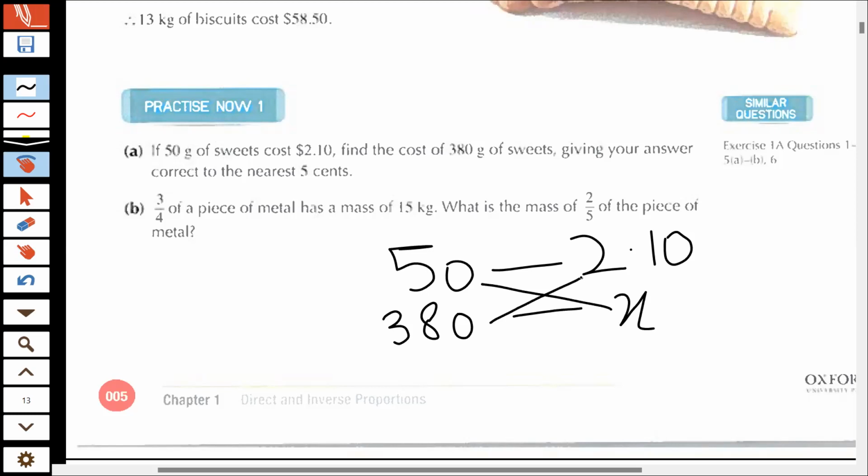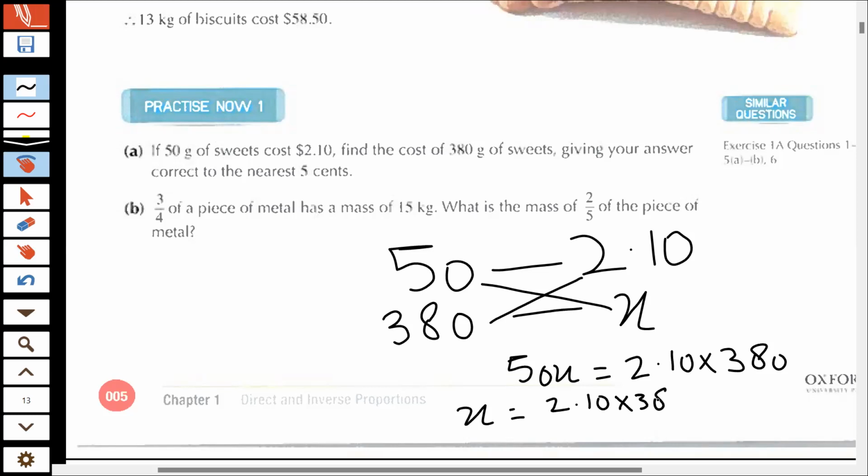We will cross multiply. 50x equals 2.10 multiplied by 380. x equals 2.10 multiplied by 380 divided by 50.